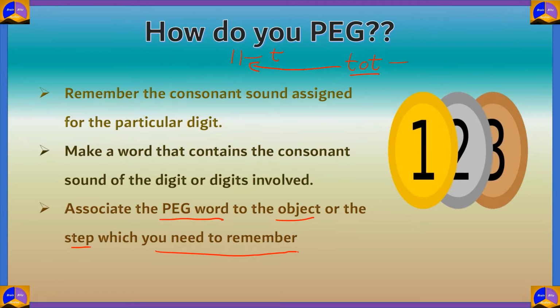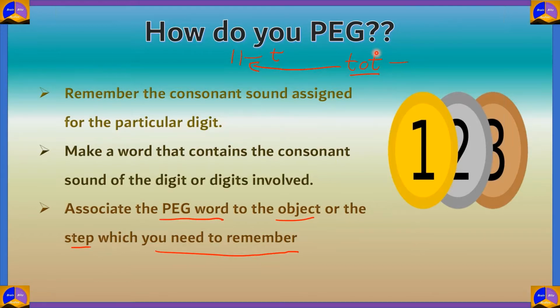So you can use that in order to connect your peg word and your object. So these are the 3 easy steps by which you can peg your ordered list in your memory. And if you do this according to the letter, then you can memorize any kind of pegged lists.